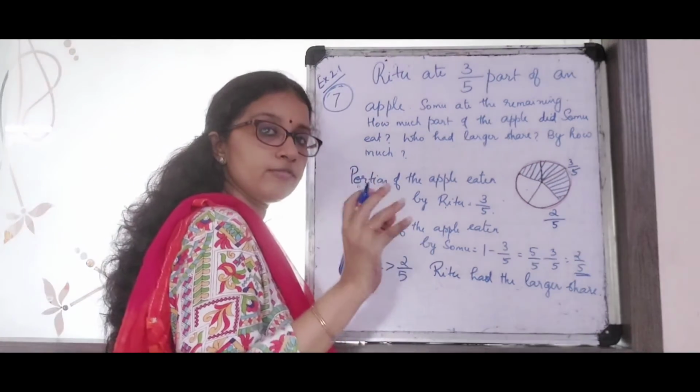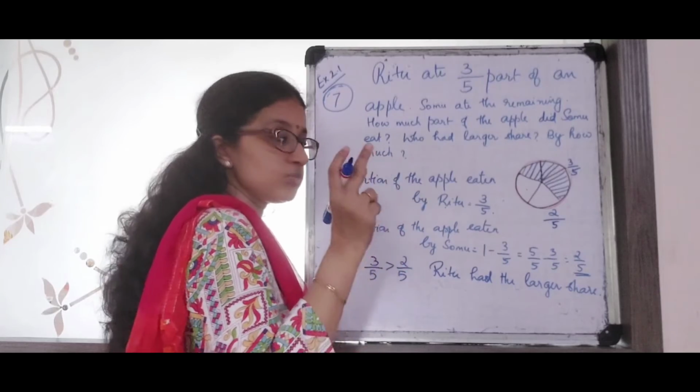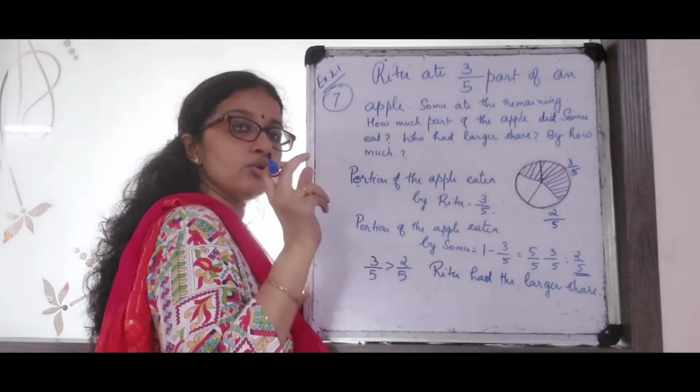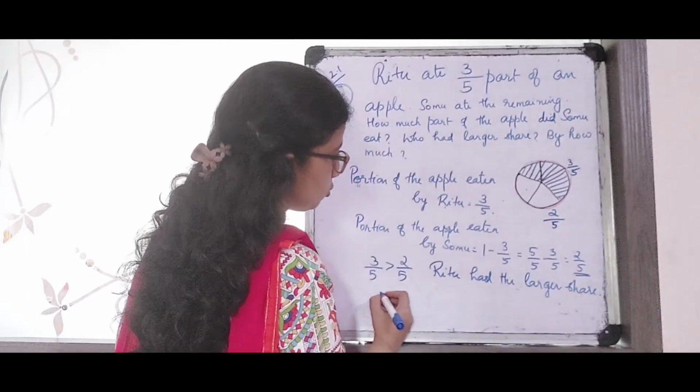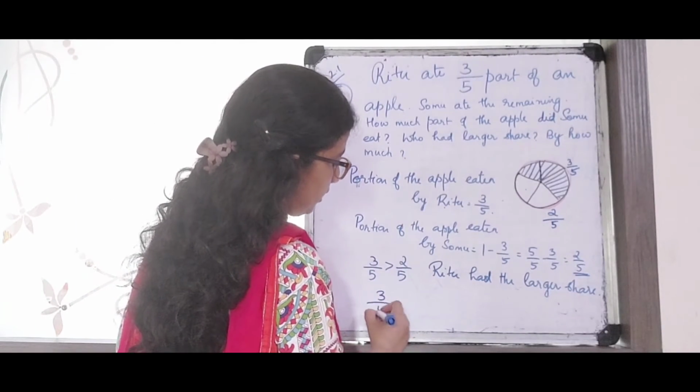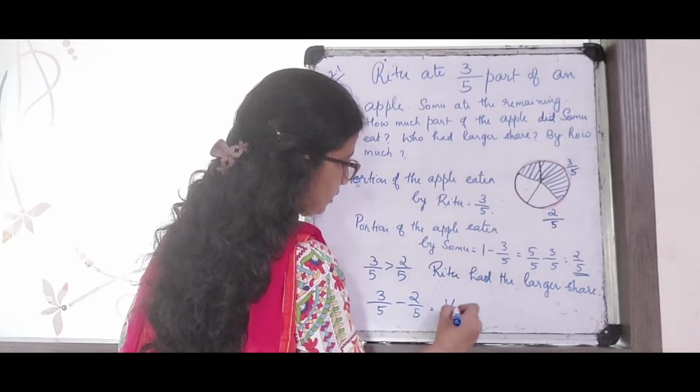We have to find the difference between the two shares, right? To find how much more apple Ritu ate when compared to Somu, we should do 3 by 5 minus 2 by 5, which is equal to 1 by 5.